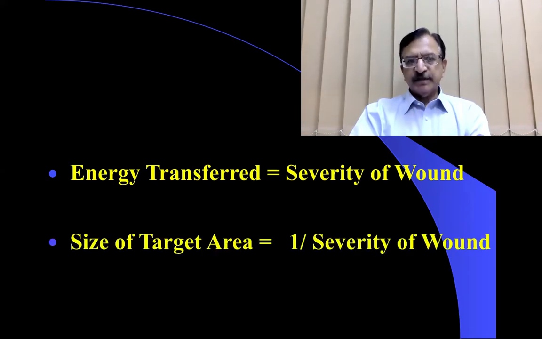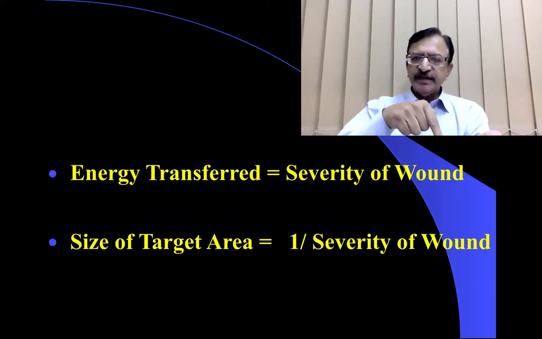That means the amount of energy which is going to be transferred will affect the severity and the amount of damage. Similarly, the size of the target area is inversely proportional to the wound, which means if the force is transferred to a broader area, then per unit area the dissipation of energy will be less as compared to when the force is concentrated upon a single point.